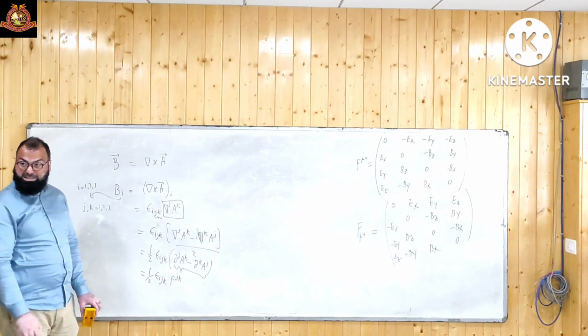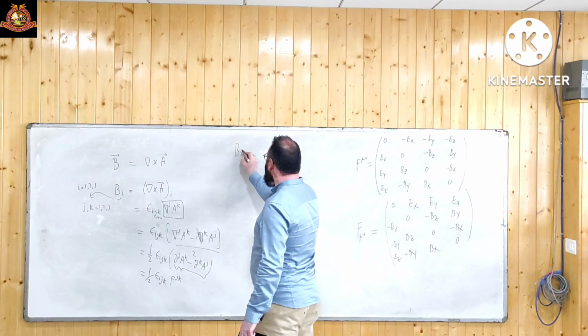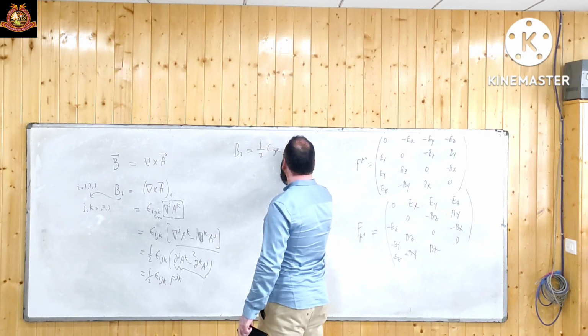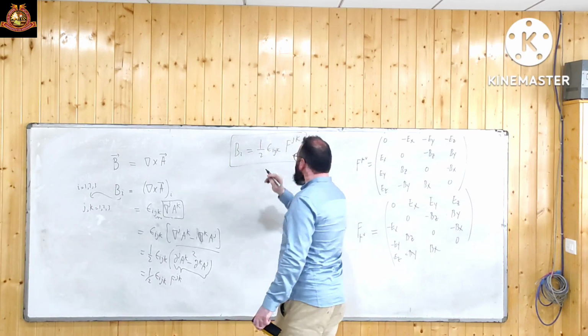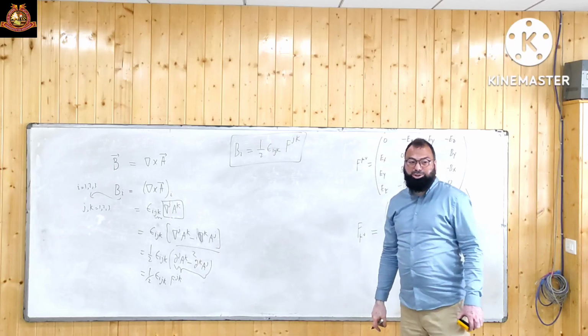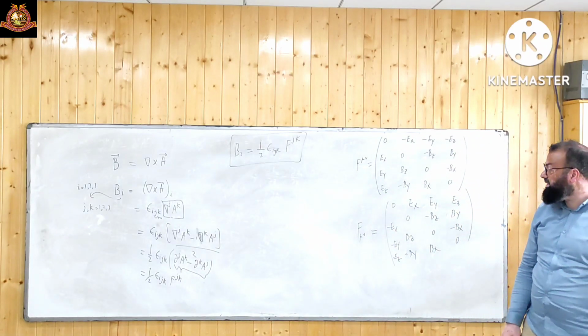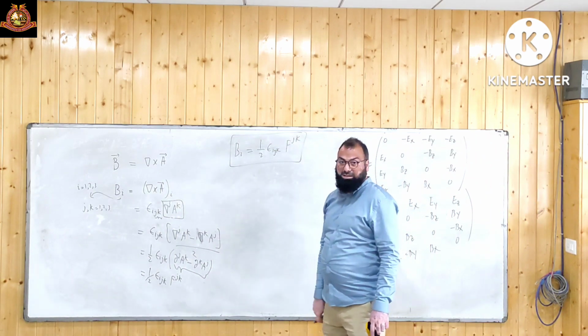So the ith component of the magnetic field is related to the spatial components of this. In other words, I actually constructed a dual vector to the antisymmetric rank 2 tensor. You can think this is the dual vector to this very tensor.